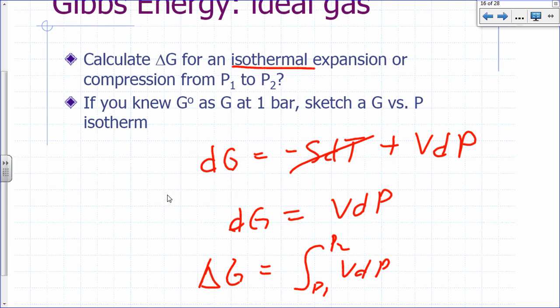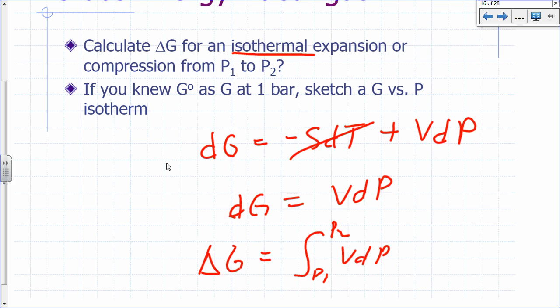Okay, so what would it be for an ideal gas? Suppose we knew that the Gibbs energy is G naught at 1 bar, and what would a plot of G versus pressure look like at constant temperature?